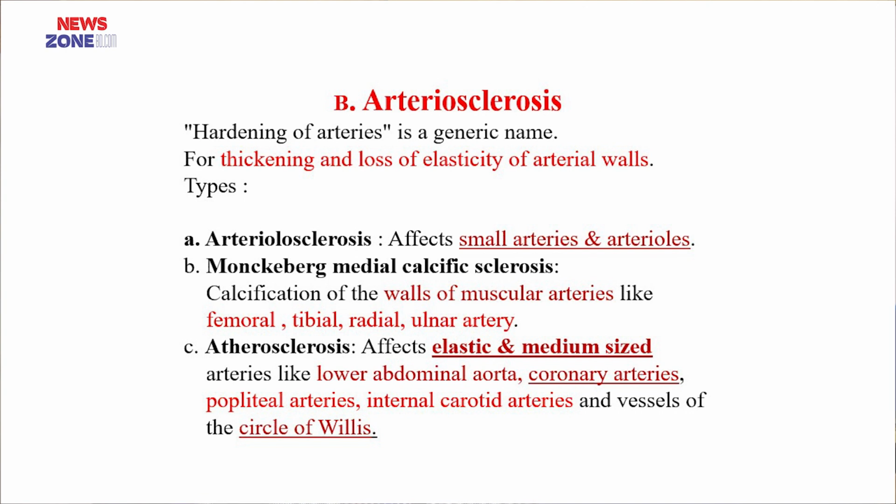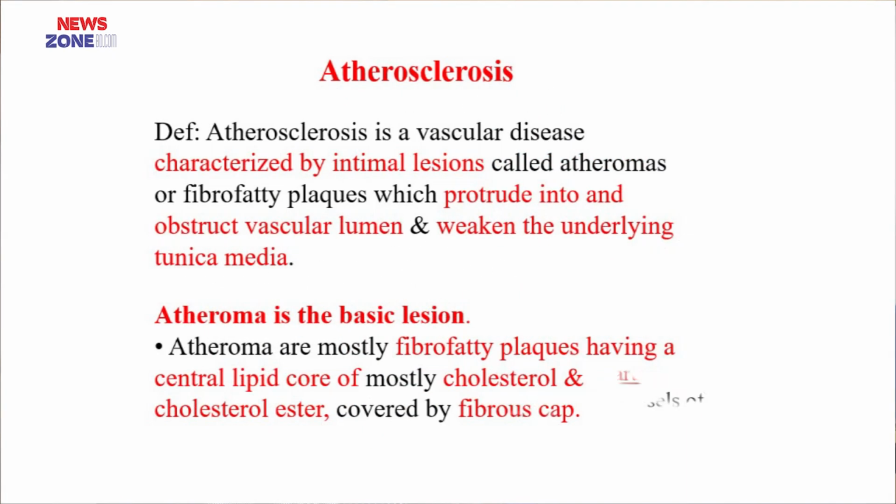Atherosclerosis is mainly important in the coronary arteries, circle of Willis, internal carotid arteries, popliteal arteries, and also the lower abdominal aorta. So, I want to discuss atherosclerosis in detail.